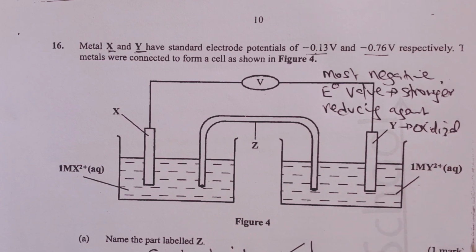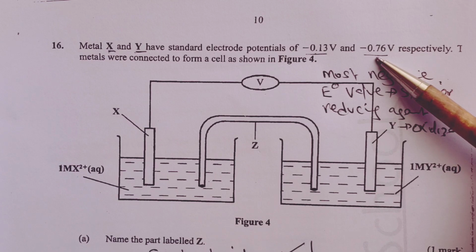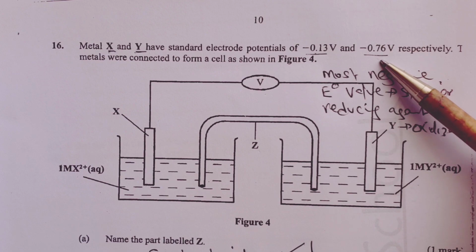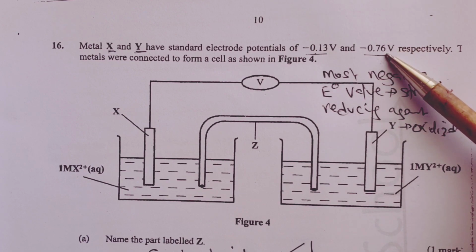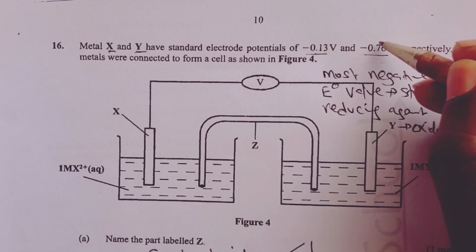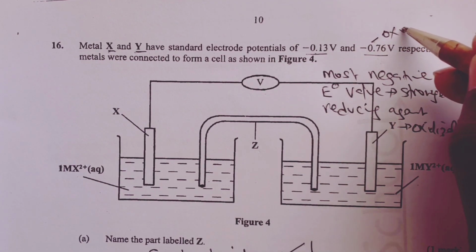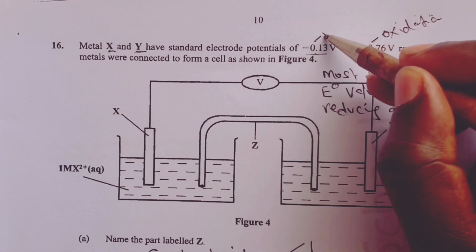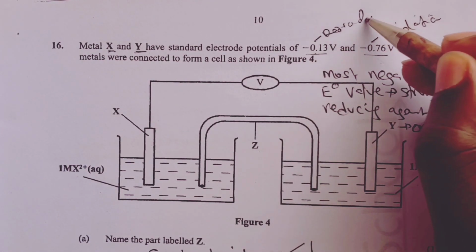So in this case, we agree that Y has the most negative E0 value, what we call standard electrode potential. For that matter, Y is our strongest reducing agent between the two, and it will undergo oxidation as our X here gets reduced.